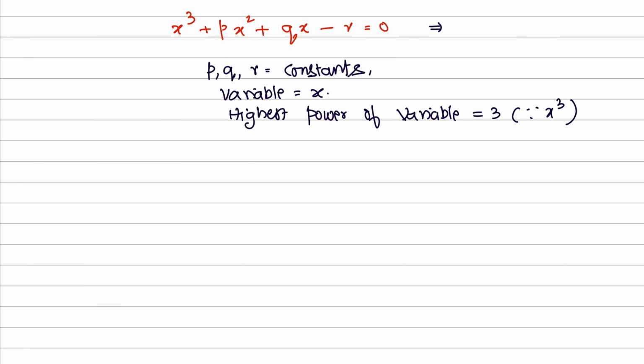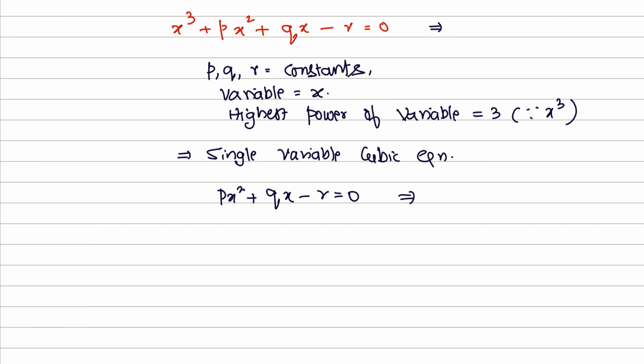Highest power is 3. That means it is a single variable cubic equation. If it is like this, p x square plus q x minus r is equal to 0, here, p, q, r are constants.